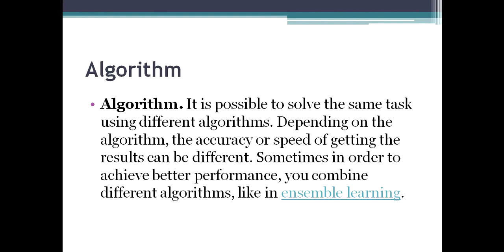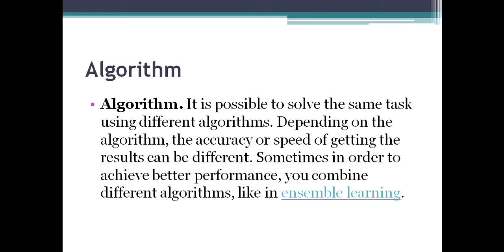Then the next one is the algorithm. No need to say how impactful the algorithm is when we talk about ML. An algorithm is a set of instructions, a way of solving a problem. We may have different algorithms to solve the same task, and depending on the algorithm, the accuracy and the speed of getting the results may be different.